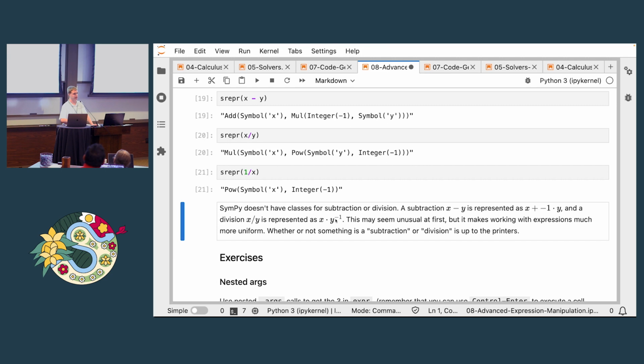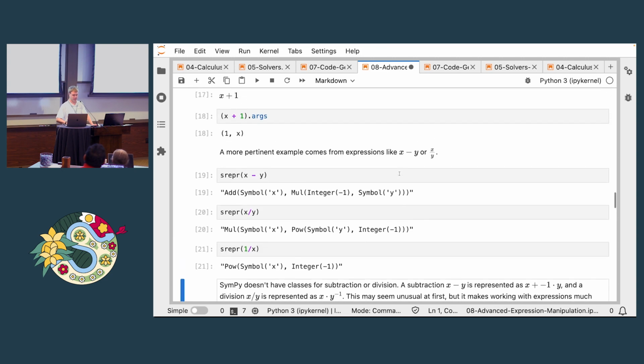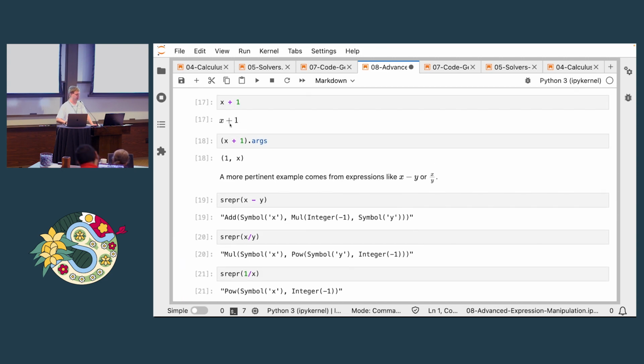You don't have to necessarily care if something's an addition or subtraction. It's always just going to be an add, and then the coefficient, whether positive or negative, will determine whether it's a subtraction or something. And the actual way that things are printed is sort of separate from how things are represented internally in SymPy.